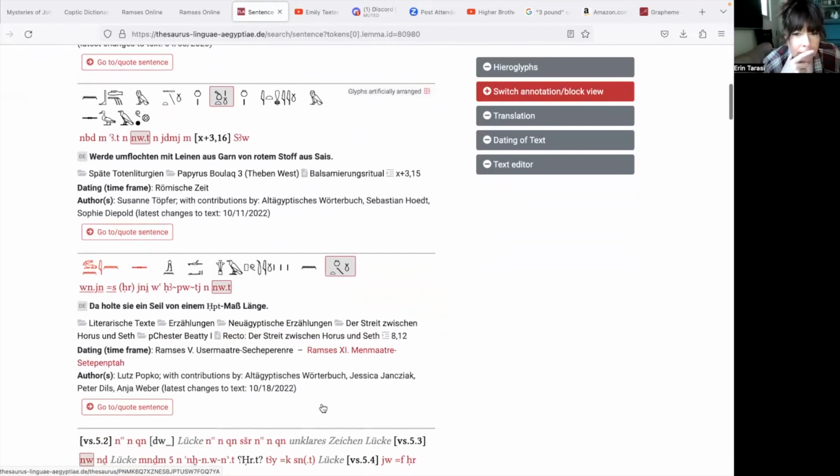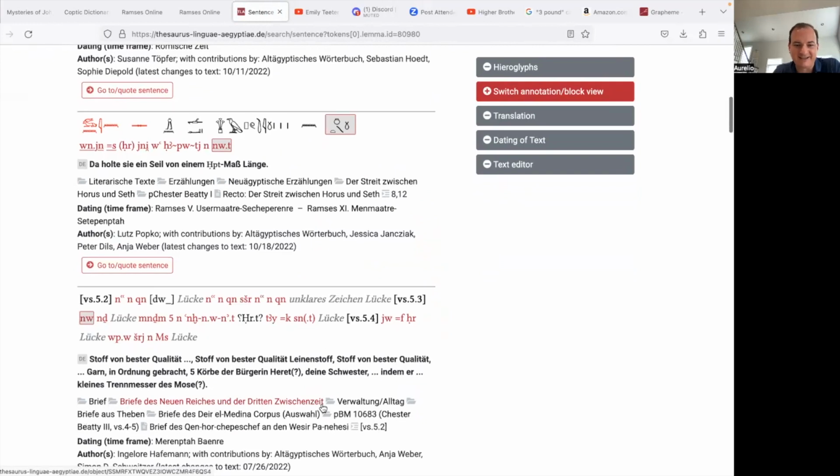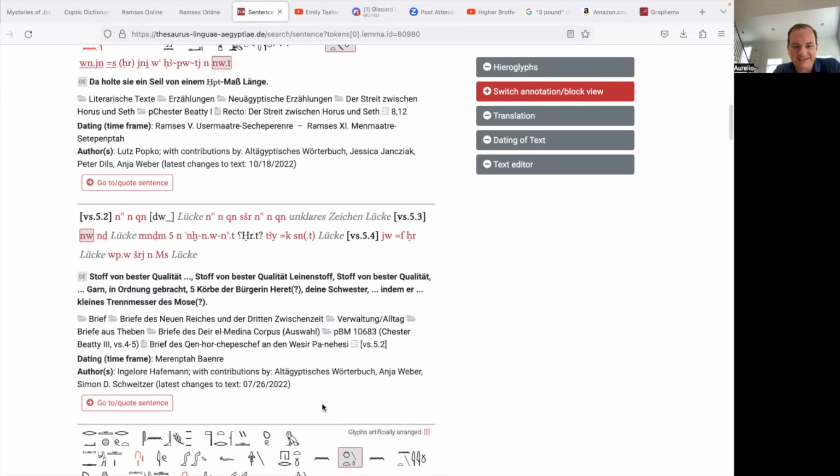That's our text. Here it's together with other stuff like cloth of best quality, linen cloth, some more cloth of best quality. And then there's our new yarn here.